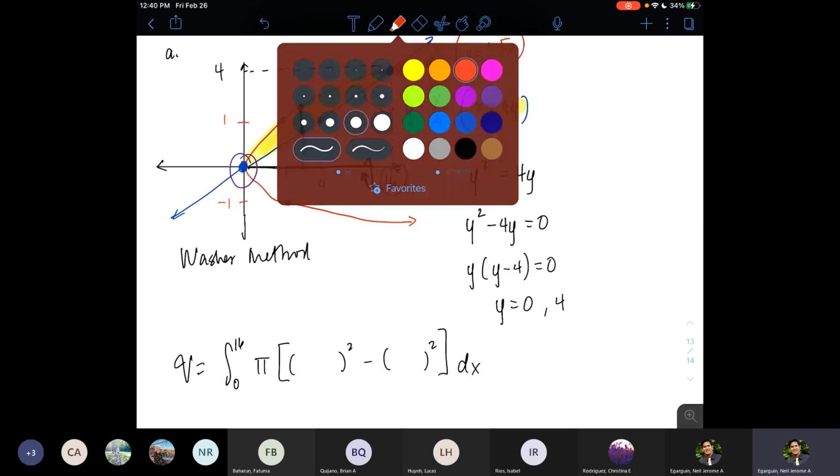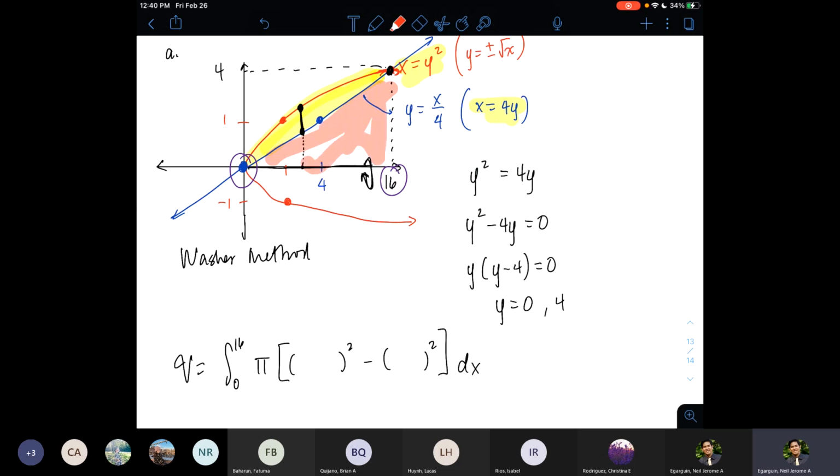So essentially, this is empty space when you do the revolution. That means the volume is not entirely of that solid, but you need to subtract from it the volume of the hollow, right? That's why you have minus inner radius here, right? Okay, now it's outer radius squared minus inner radius squared.